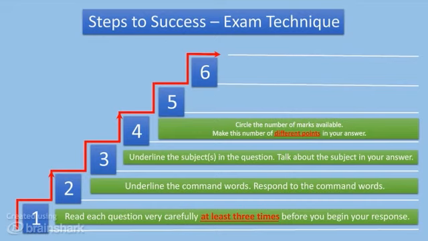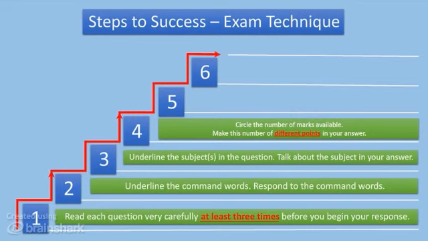Usually, as a rule of thumb, although this isn't always the case, the number of marks that are available mean that that is the number of different points you need to give in your answer.